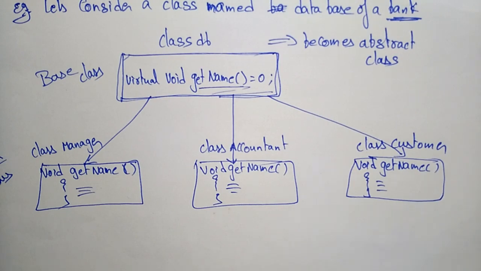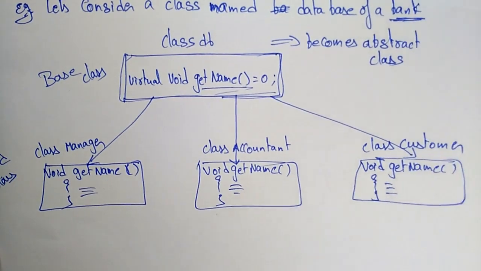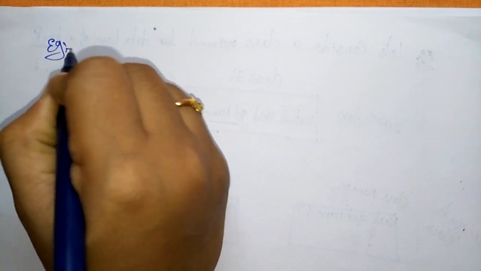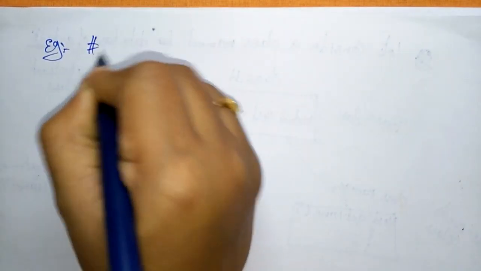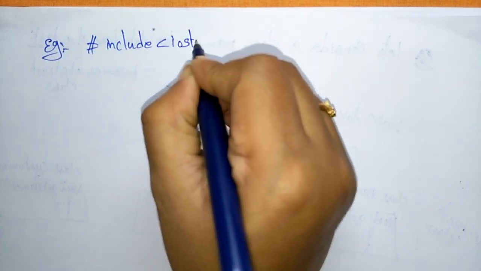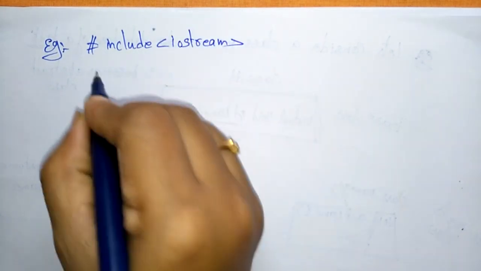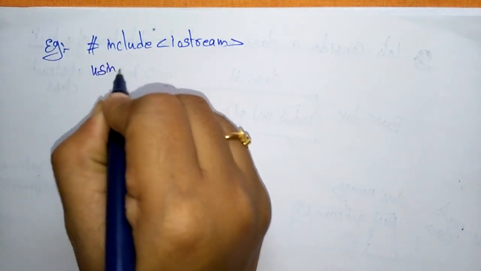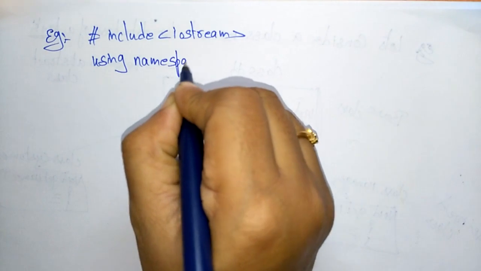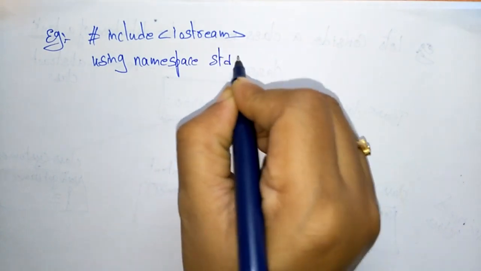So now let us see the program for this example. How will we write the program for creating the abstract class? Example: #include <iostream>, using namespace std.